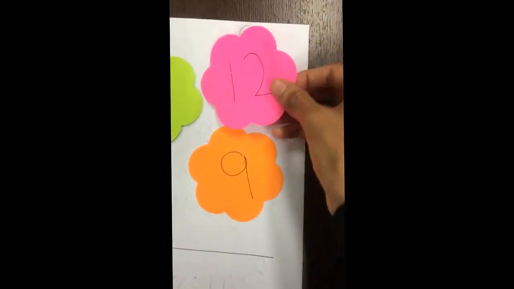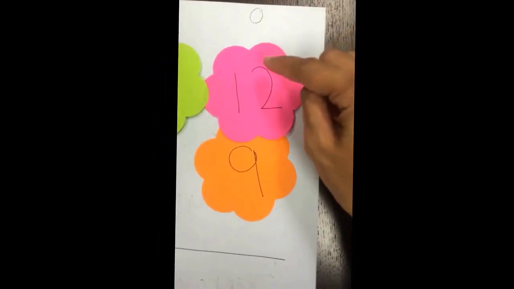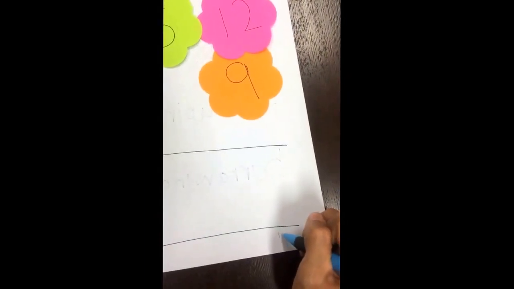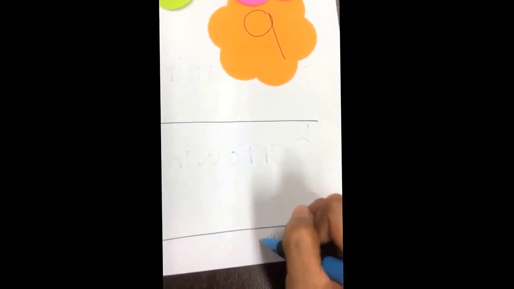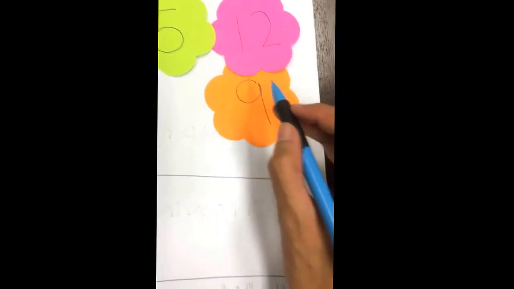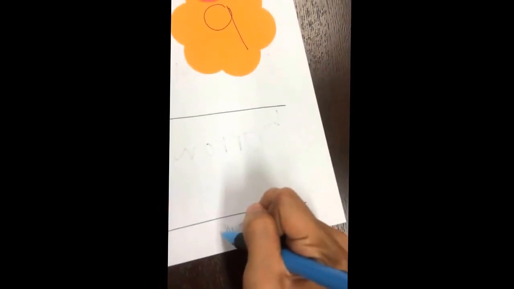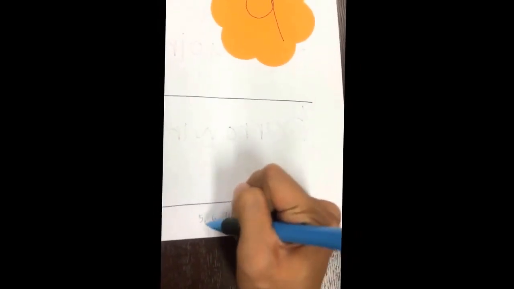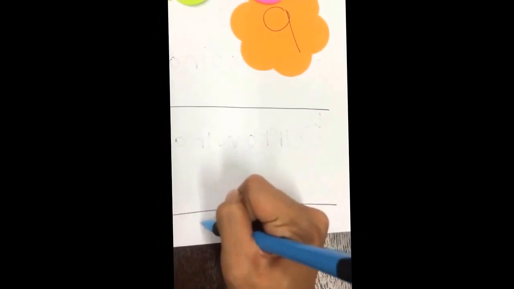So let's concentrate on the ones. What is 12 minus 9? Remember we learned that we need to count backwards. 12, 11, 10, 9, 8, 7, 6, 5, 4, 3.